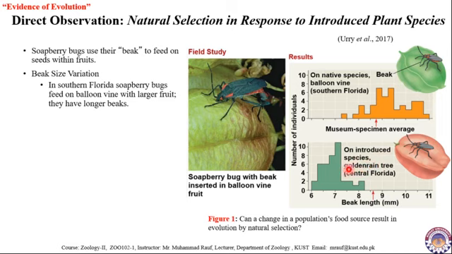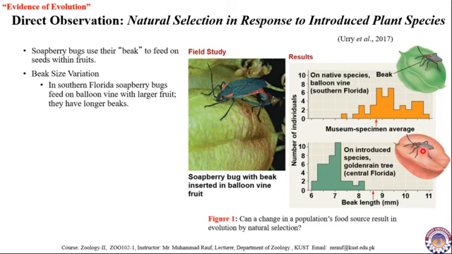Initially, when the balloon vine was there in central Florida, they too had longer beaks. But when the balloon vine went rare there, the farmers introduced the golden rain tree, which has a small fruit with a thin pulp, and which can be fed upon even with a small beak.